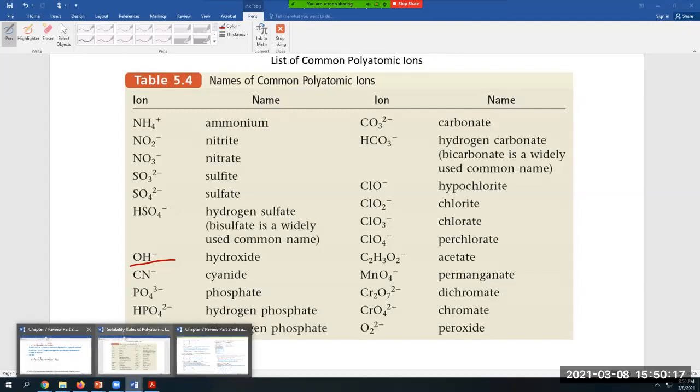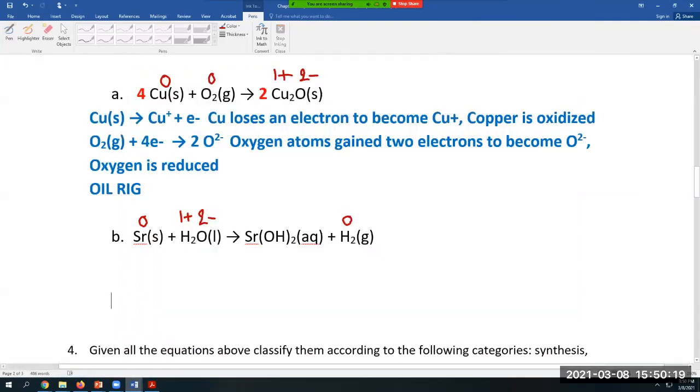So overall, the OH together is -1. But if we treat them as atomic ions, the oxygen will be 2 minus. So let's write 2 minus above the oxygen. Then the H will be a +1.